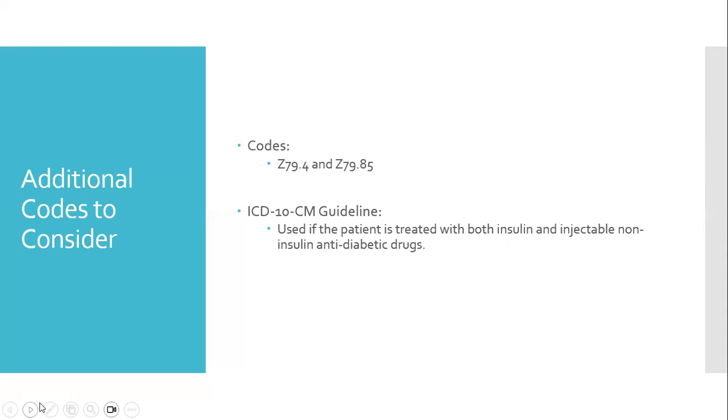So if the provider documents that this patient is on a non-insulin drug and an insulin drug, you can use both of the Z79 category codes as appropriate based on the documentation. So again, if they are being treated with both an oral hypoglycemic drug and an insulin, the appropriate codes would be your Z79.84 and then your Z79.4 as the documentation states.